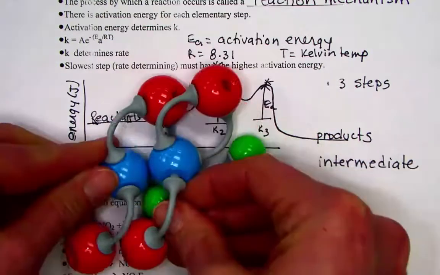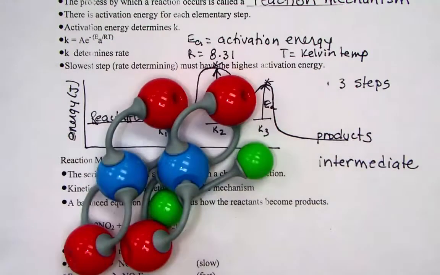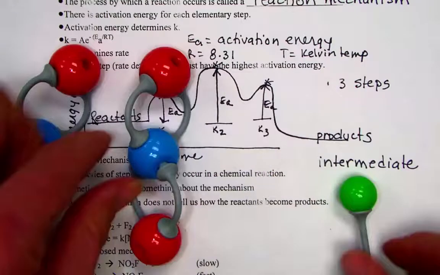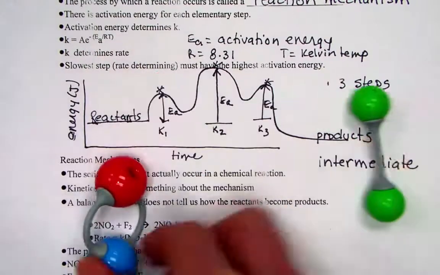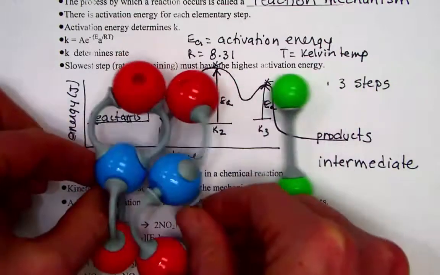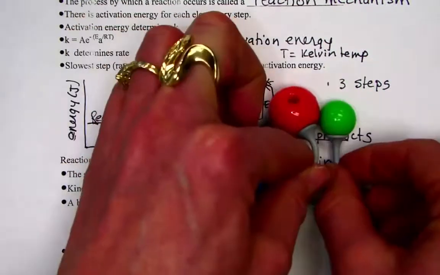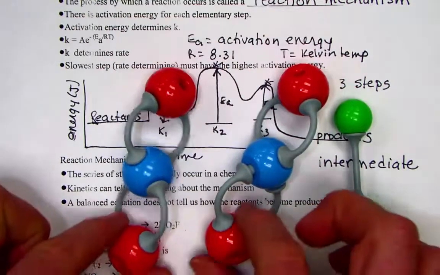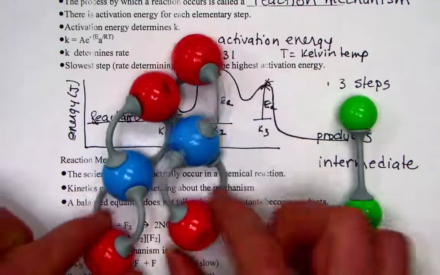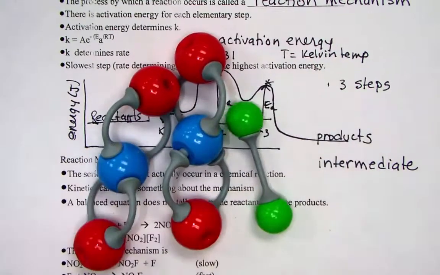Do all 3 of them collide together and magically turn to the product? Do I have 1 molecule of NO2 colliding with an F2? Do I have both of these molecules colliding together and then in the next step collide here? What we're trying to do is predict, looking at the number of collisions, how can we use kinetics to give us insight into the order in which these molecules collide to give us the desired product?